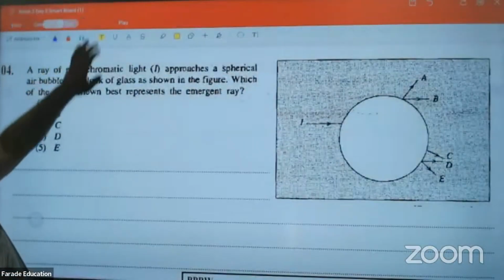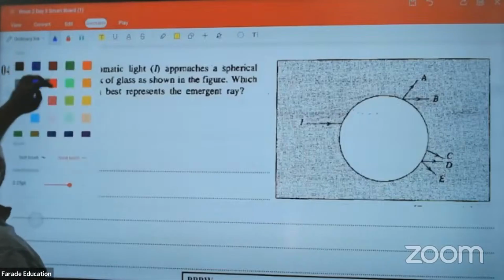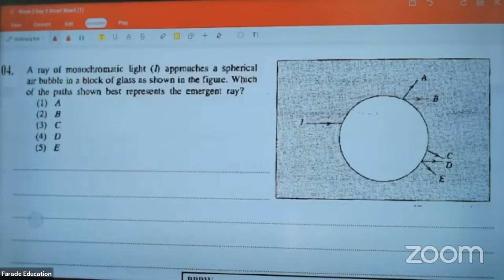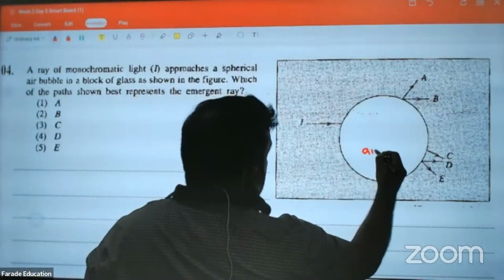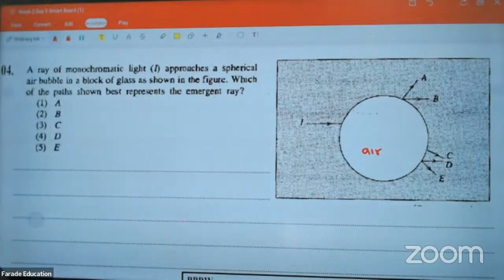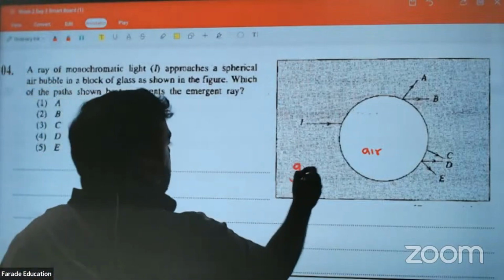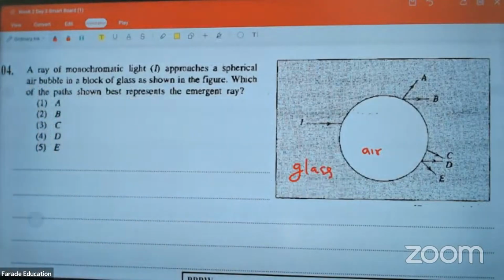Question number 4. A ray of monochromatic light approaches a spherical air bubble. Look at the word, air bubble, from a block of glass. So this is glass. That is air bubble.